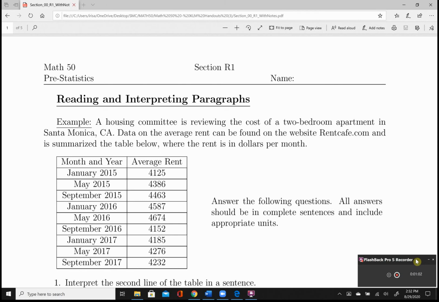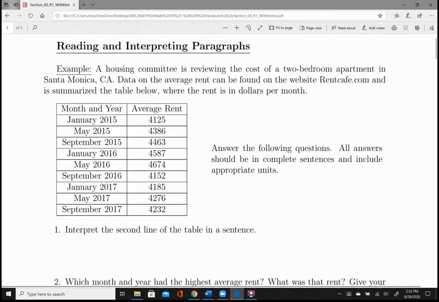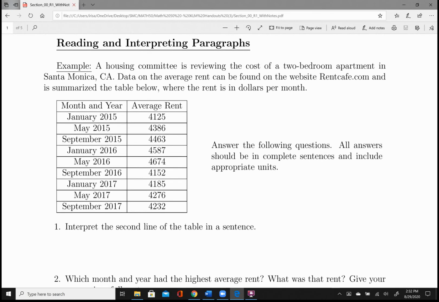Let's go ahead and start by reading and interpreting paragraphs, which is what you see on the screen at the moment. One of the ways that you can follow along with me in lecture videos, and you can do whatever you want with the materials that I provide, but my opinion is that it would be best if you watch the video with a blank copy, if you have access to printing, of the lecture notes handout in front of you so you can mark it up along with me.